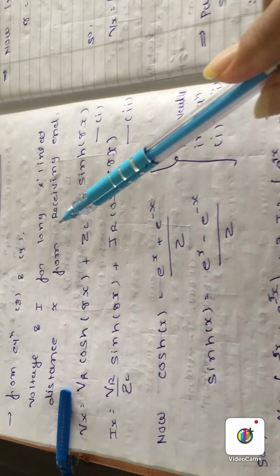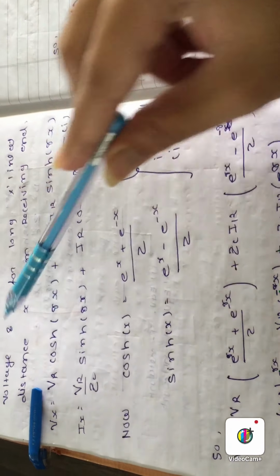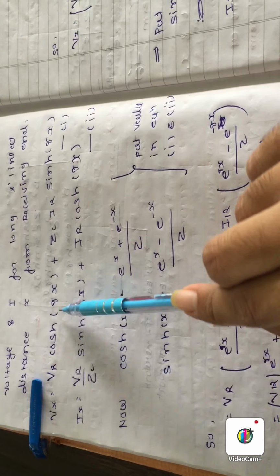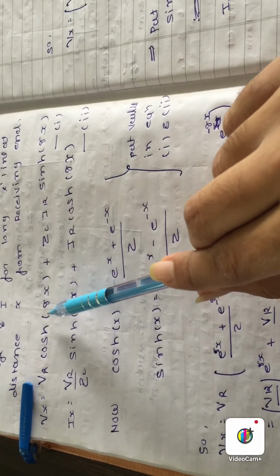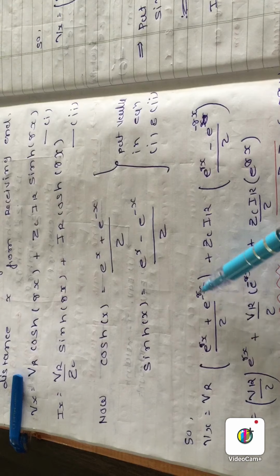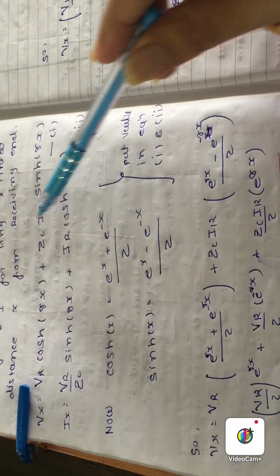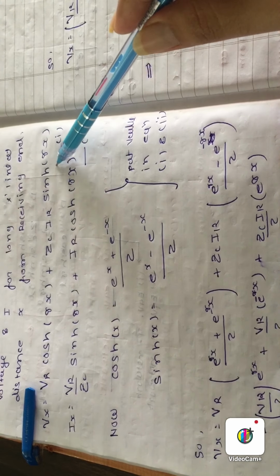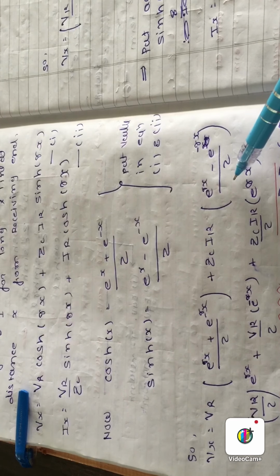So first of all, the equation of voltage: Vx equals Vr, and instead of cosh gamma x we will write e raised to gamma x plus e raised to minus gamma x by 2, plus ZC Ir, and instead of sinh gamma x we write its exponential form.